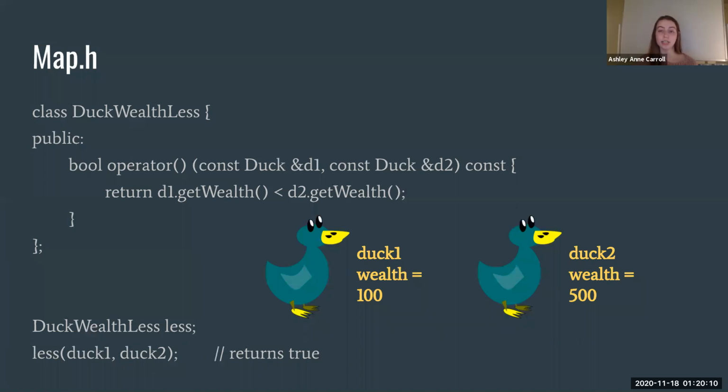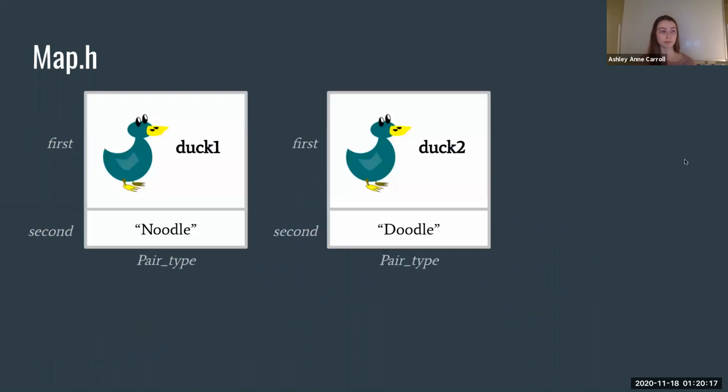If we don't create a custom comparator, the built-in behavior would compare both the keys and values stored in each pair. So let's say we have two pair type objects, one with duck1 as a key and noodle as a value, and another with duck2 as a key and doodle as a value. Our pair comp is going to be really similar to the implementation for duck wealth less.